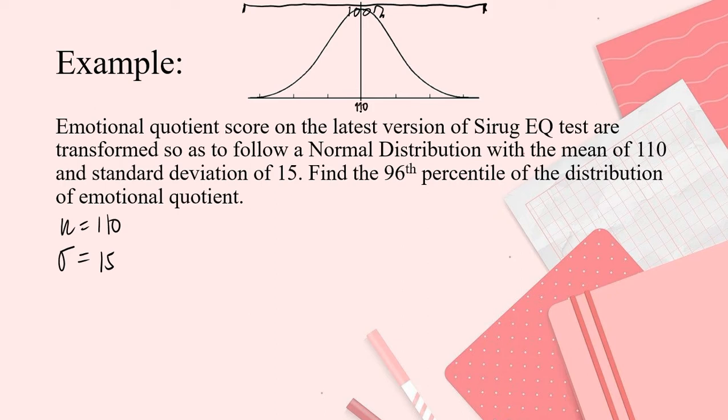So, mean natin ay 110. Ang sabi po, ang standard deviation mo ay 15. So, minus ka lang ng minus na 15 kapag pababa. So, that is 95. This is 80. Kapag pataas naman, add ng 15. So, this is 125. And this is 140.